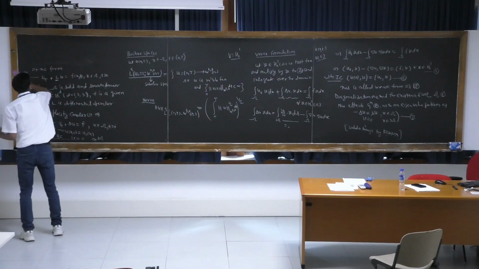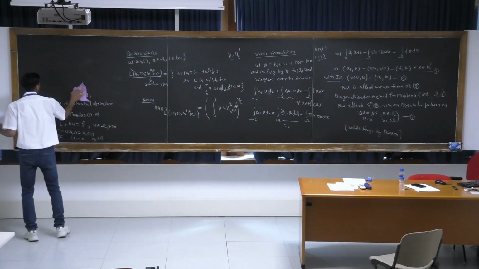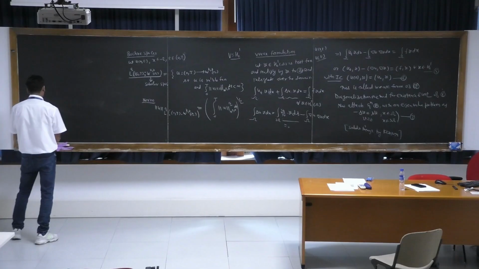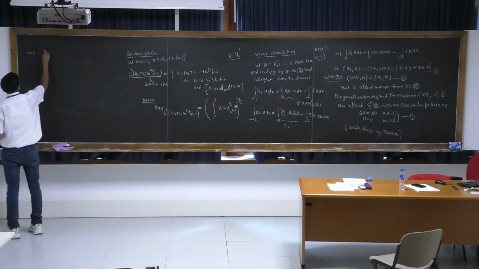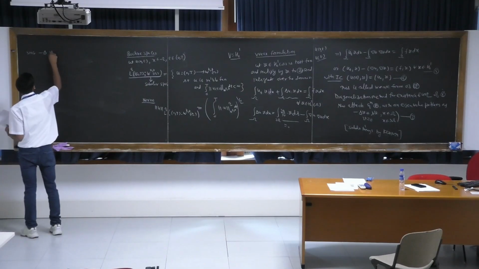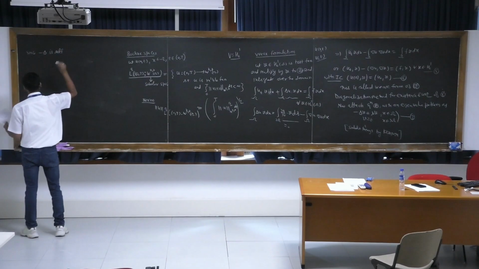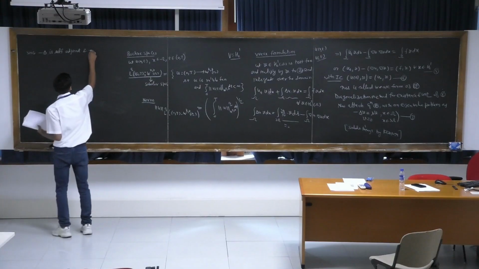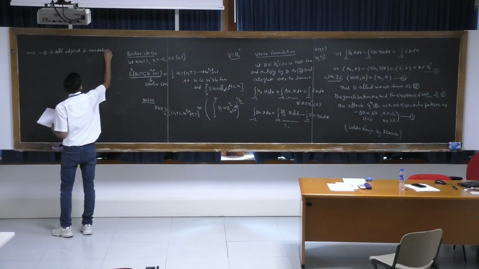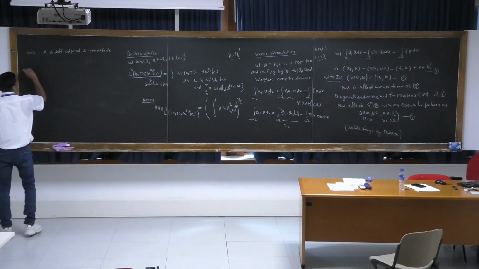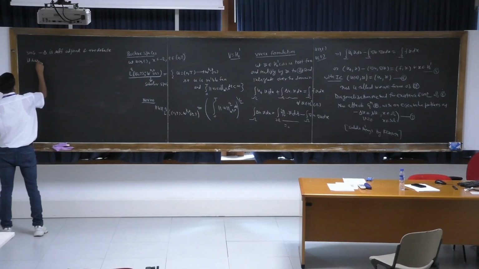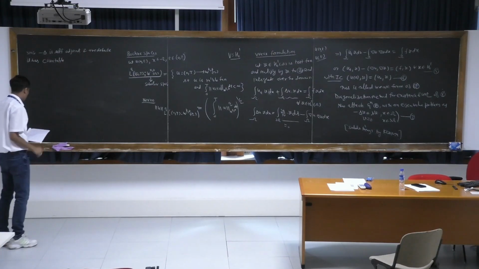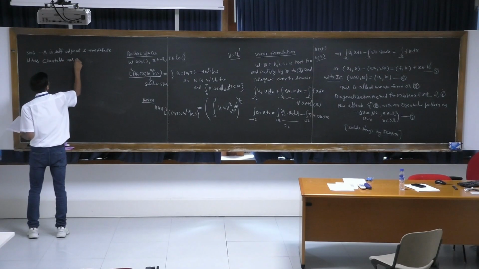So what we get from the proof is that since the minus del operator is self-adjoint and positive definite, it has a countable number of eigenvalues.